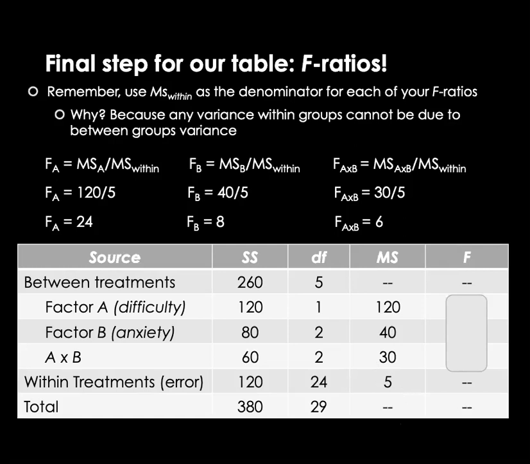So the F for factor A is mean square A divided by mean square within. And that's 120, coming from right here in the table, divided by 5, which equals 24. Same thing, F for B is mean square B divided by mean square within. 40 divided by 5 is 8. And the interaction term is exactly the same. So we fill in those values in our table. We have 24, 8, and 6.